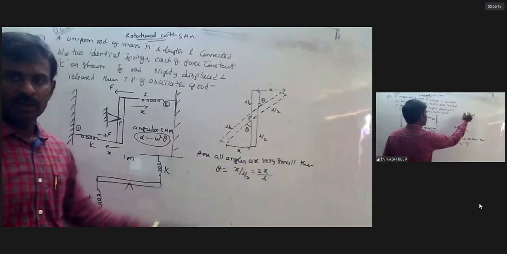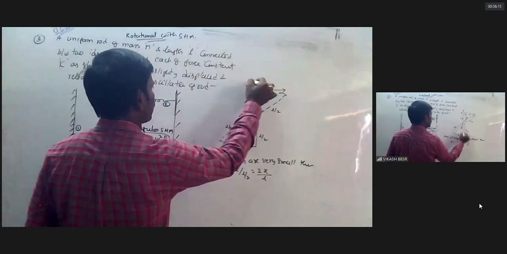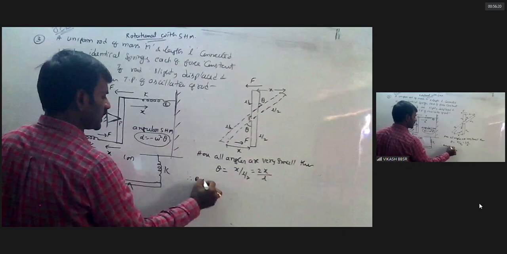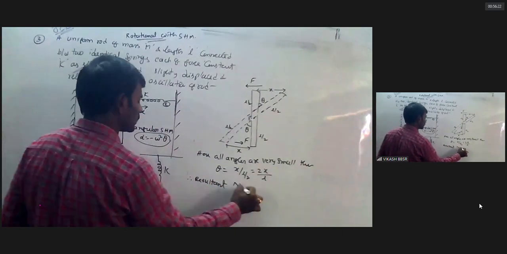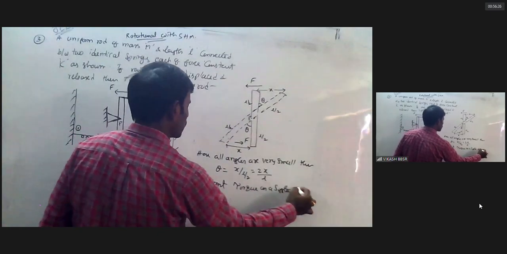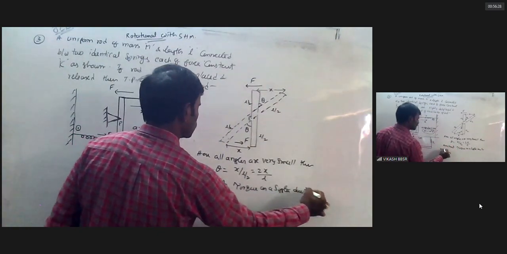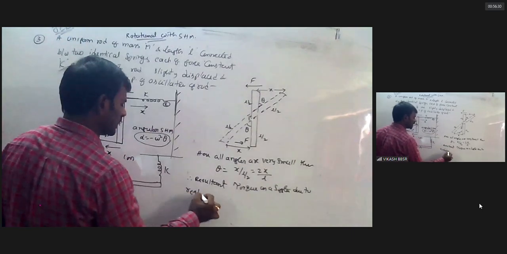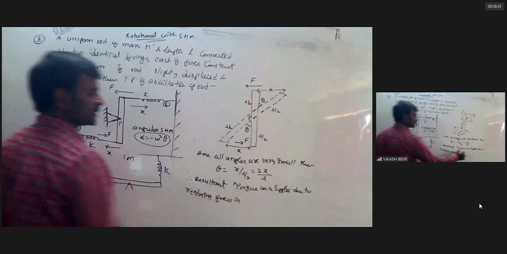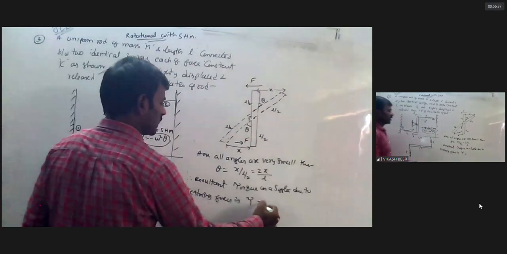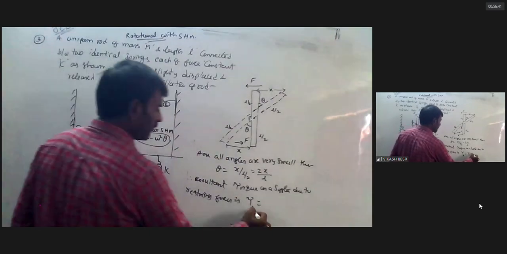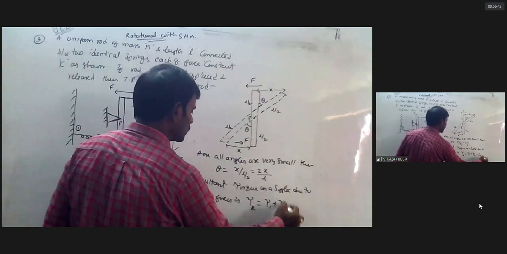Now you see, this is the force F. Here the force is F. Therefore, the resultant torque on the system due to restoring forces is how much? Tau resultant equal to tau due to 1 plus tau due to 2 equal to I alpha.